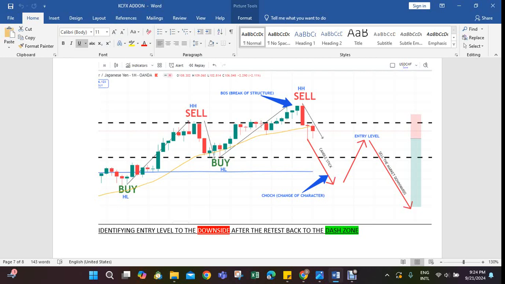Then we go up. So I say it again: in an uptrend market, as you see here, after it has given you the requirements, the BOS, the change of character, and a retest into the horizontal lines up and down, we need to be selling the market.